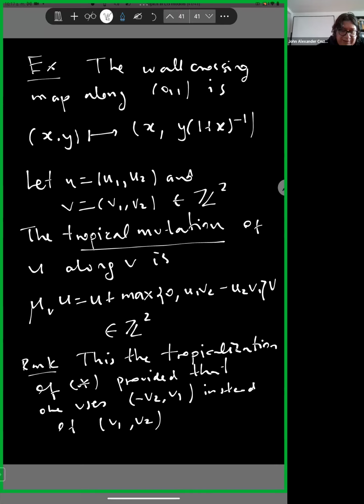Before actually doing this, I need to introduce some definitions. A Landau-Ginzburg seed. If you look at my paper with Sergey, you won't find this terminology.